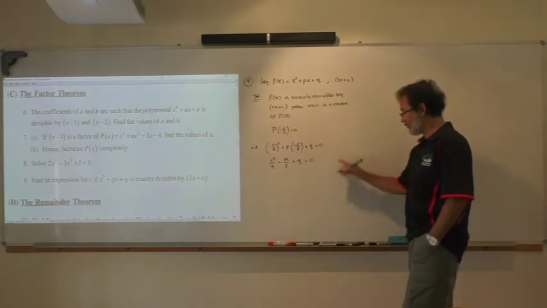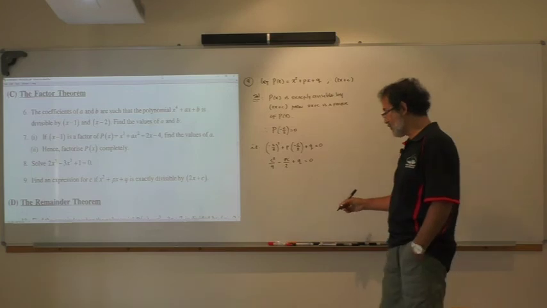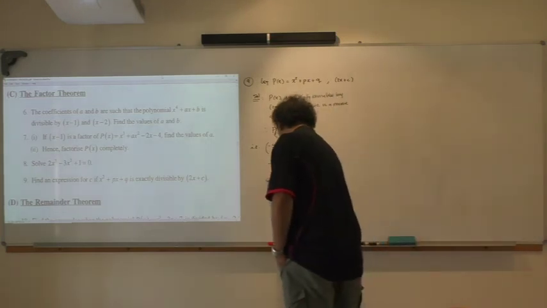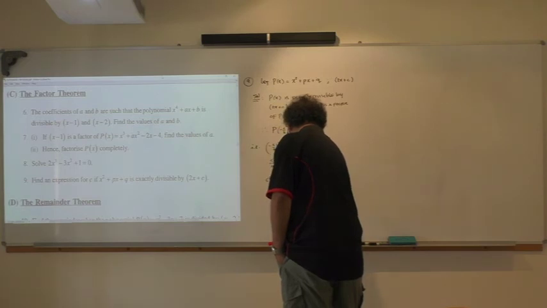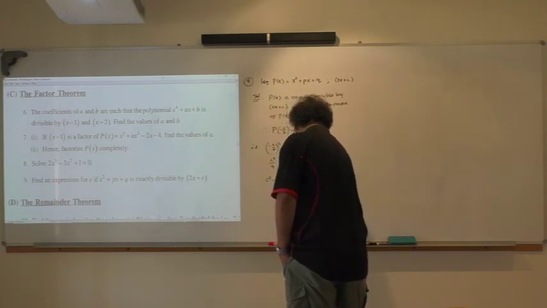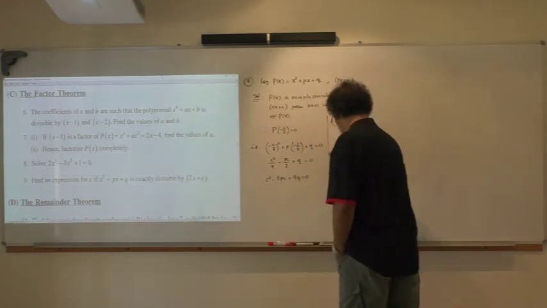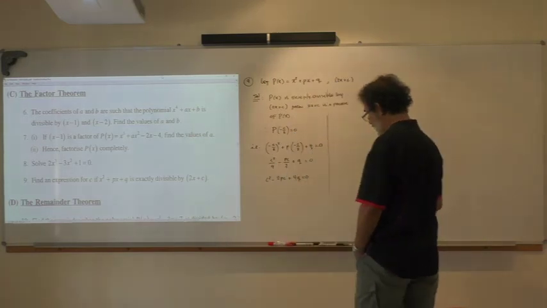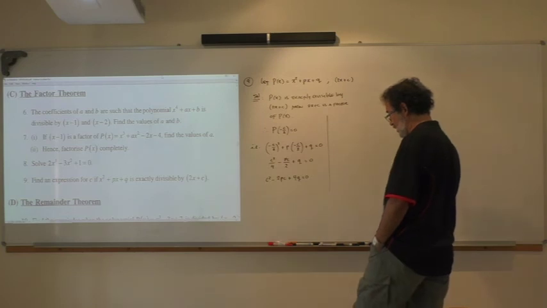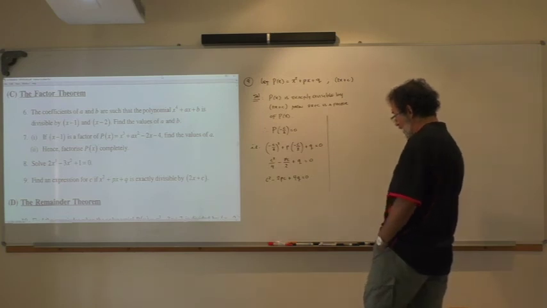And then we're going to multiply everything by 4, so that will give you c squared minus 2pc, and then plus 4q equals 0. Okay, and then we have a quadratic equation in c.